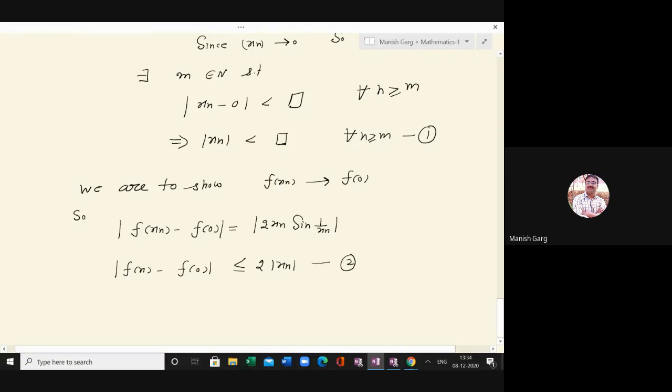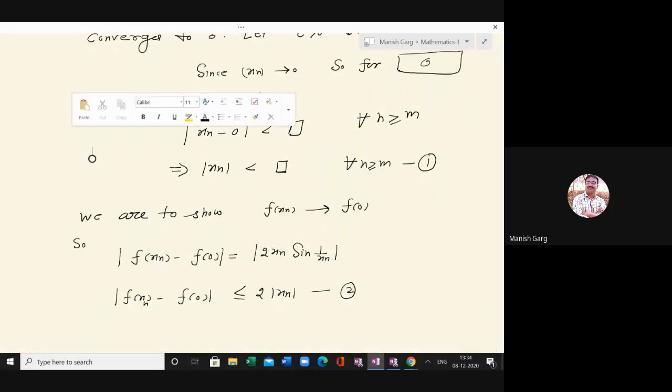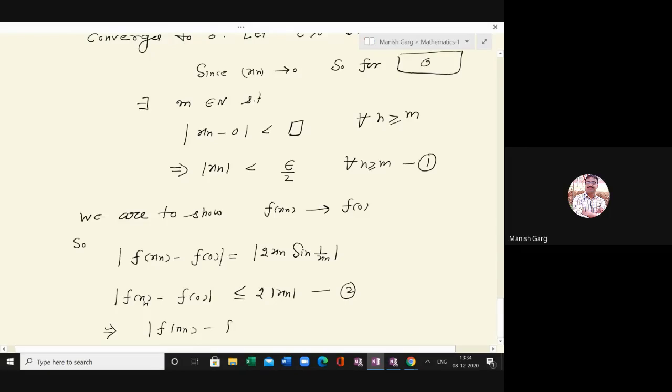Here I have to prove mod f(xn) minus f0 is less than epsilon. So what should I do? Mod xn is this. If I write epsilon by 2 here, then from 1 and 2 you can write mod f(xn) minus f0 less than epsilon for all n greater than m.